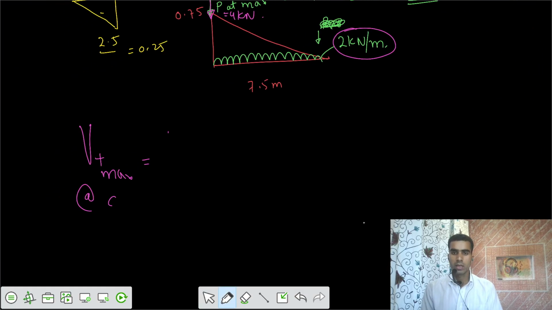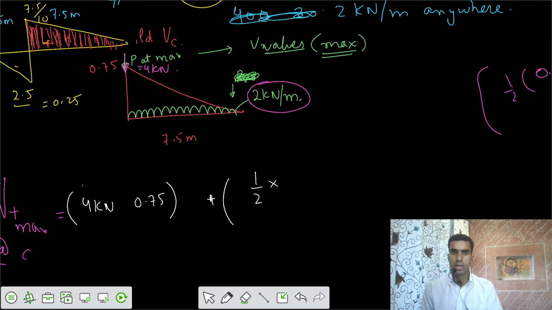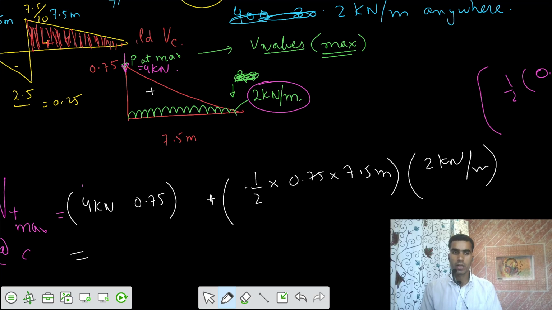I would write 4 kilonewton into the ordinate of 0.75, plus the area of the ILD between that positive area times the UDL: 1 by 2 into 0.75 into length of 7.5 meter into UDL of 2 kilonewton per meter. You get a value of V positive maximum of 8.625 kilonewton.